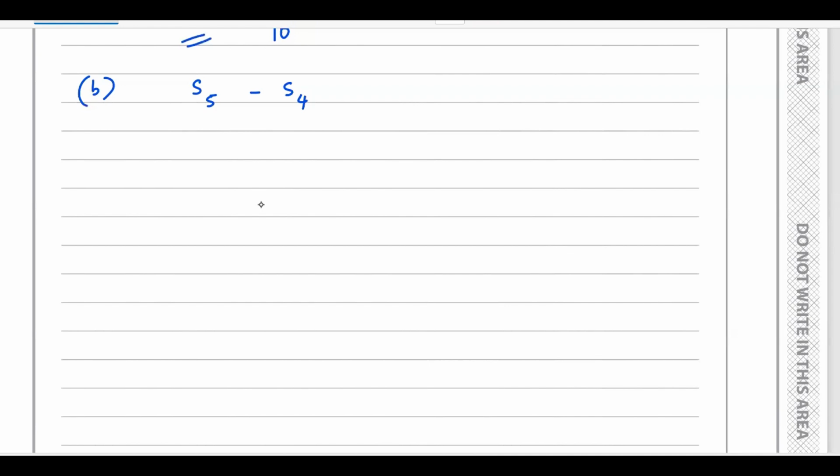So I repeat, we'll find the distance traveled by the particle for the whole 5 seconds, and subtract the distance traveled by the particle in the whole 4 seconds.